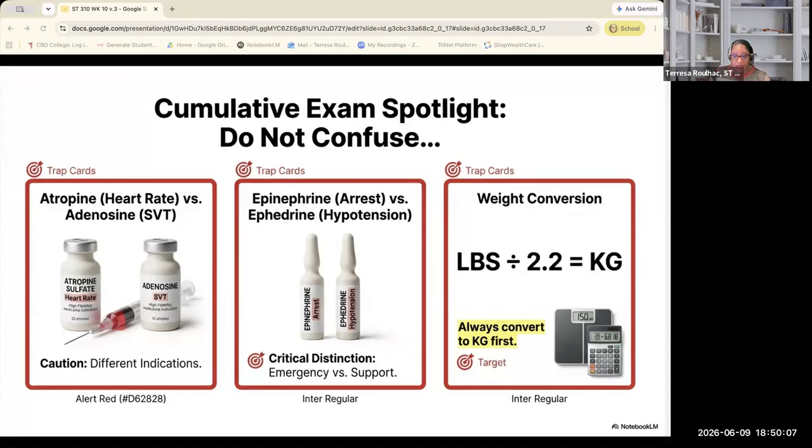When you hear cardiac arrest, anaphylaxis, or a major emergency, think epinephrine. When you hear anesthesia-related hypotension or blood pressure support, I want you to think of ephedrine.